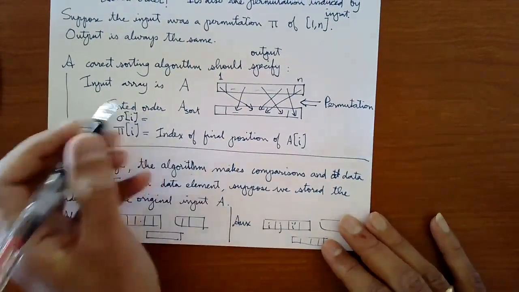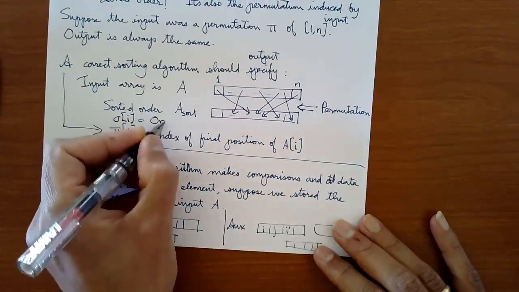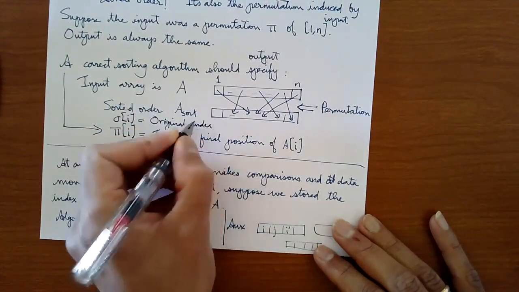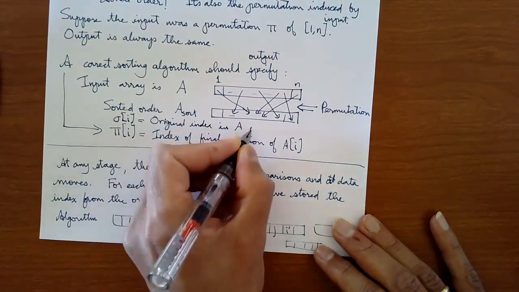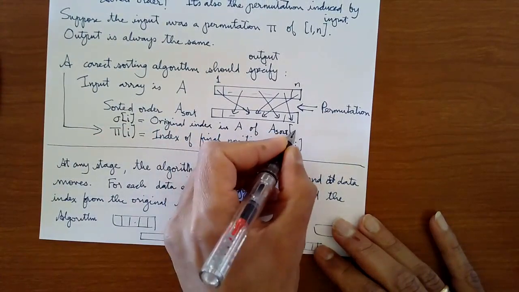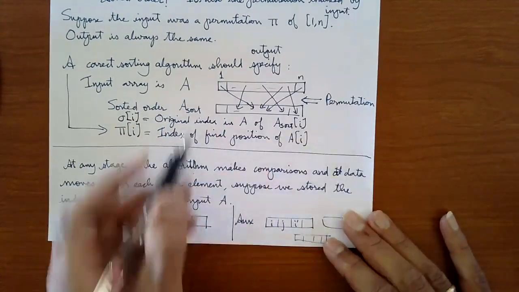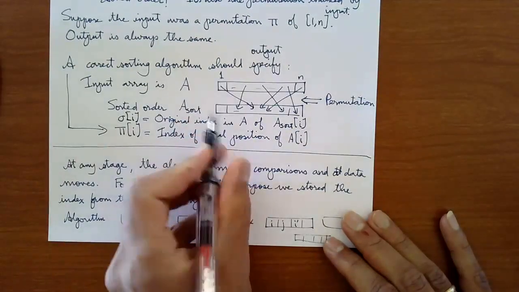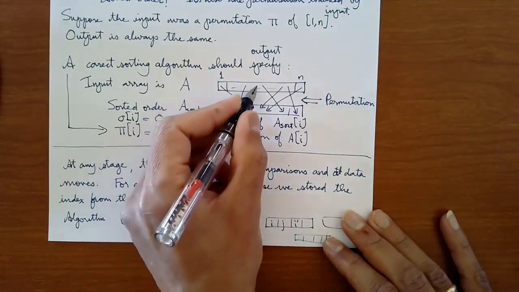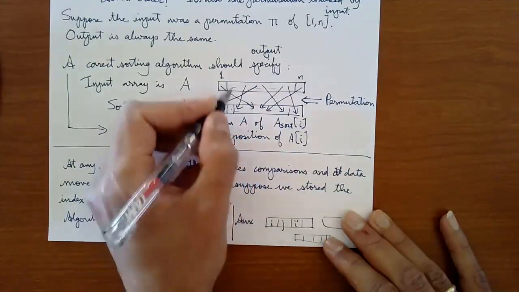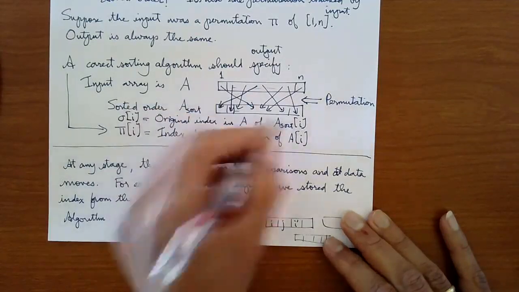Here sigma_i is the original index in A of A-sorted_i. It's the original index. So for example, sigma_1 would be where it came from. Sigma_2 would be where that came from, and so on and so forth.